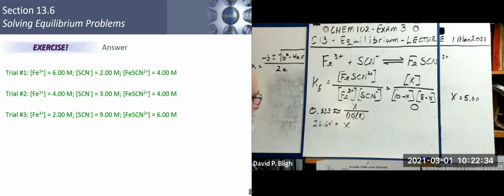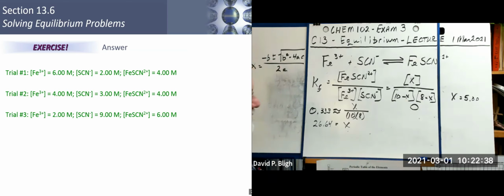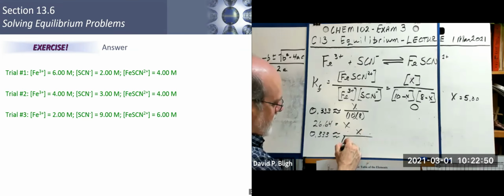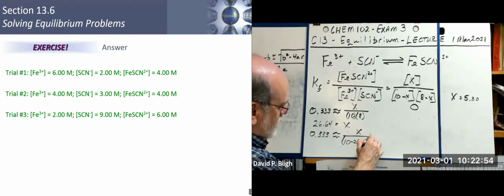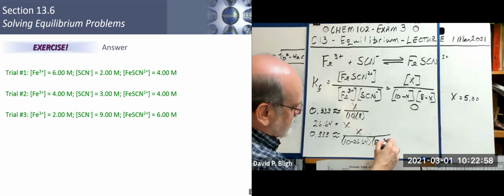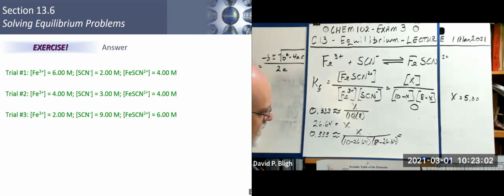So now what do we do? Well, we plug that X into here, which is really going to mess things up, but we'll try it anyway. So now we have 0.333 is approximately equal to X over 10 minus 26.64 times 8 minus 26.64. So what would that be?